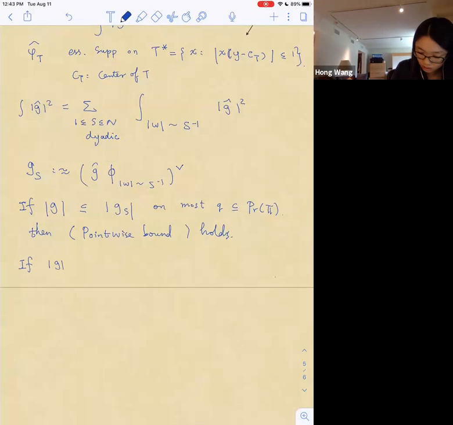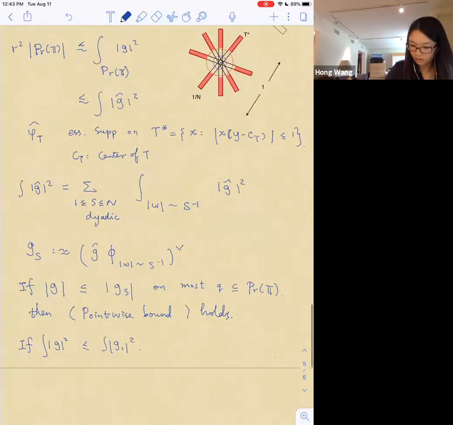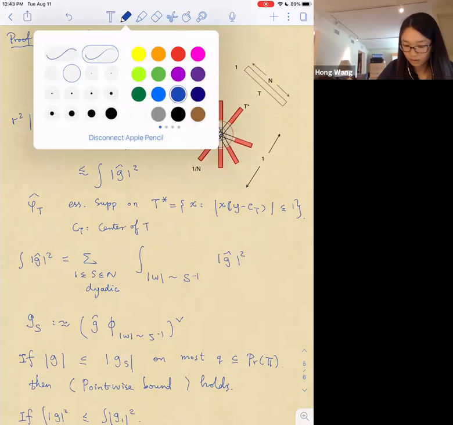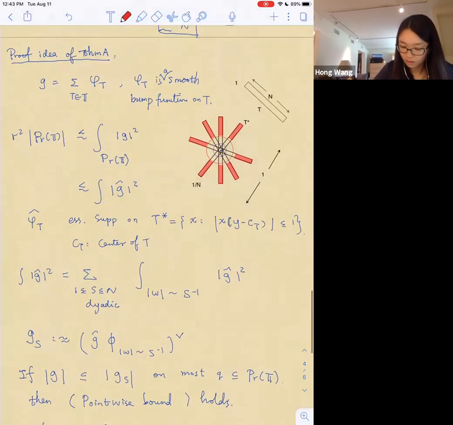So if G is bounded by G1, the highest frequency, then we define theta as the part of T star that's outside of the ball of radius, say, 1/2. So this is theta.